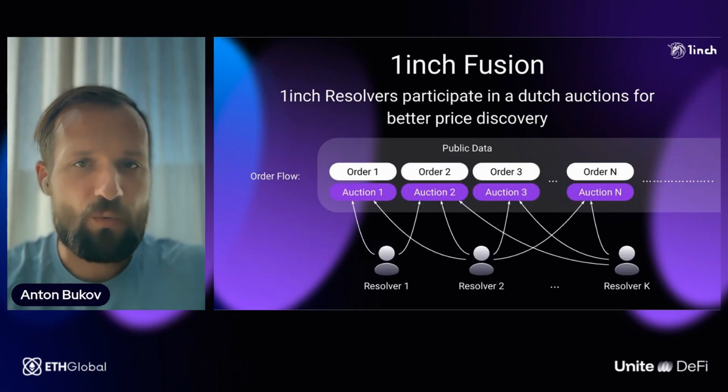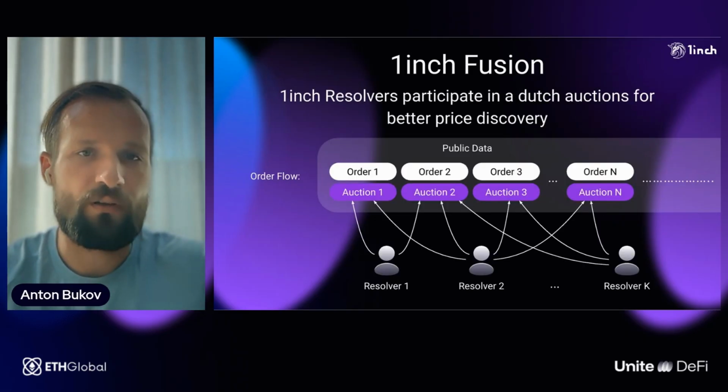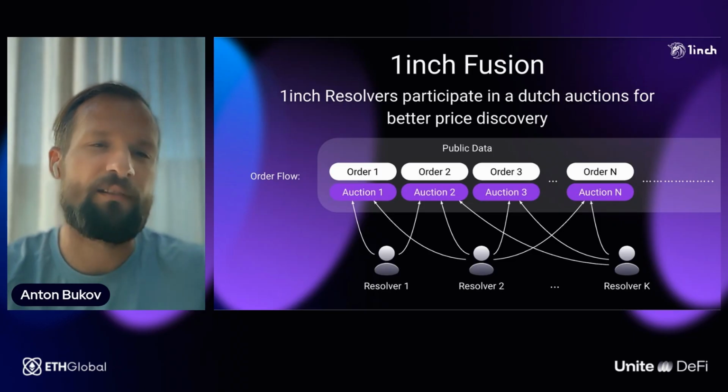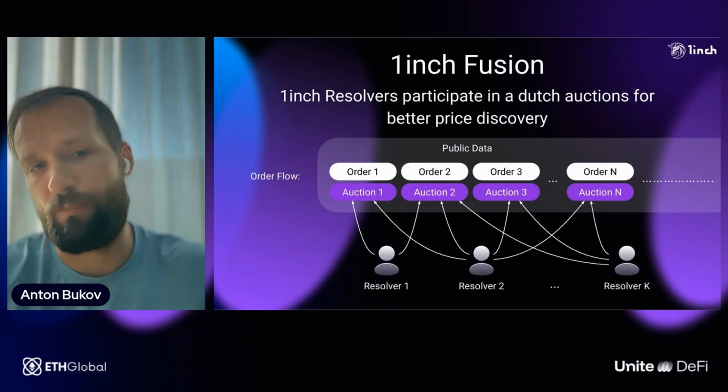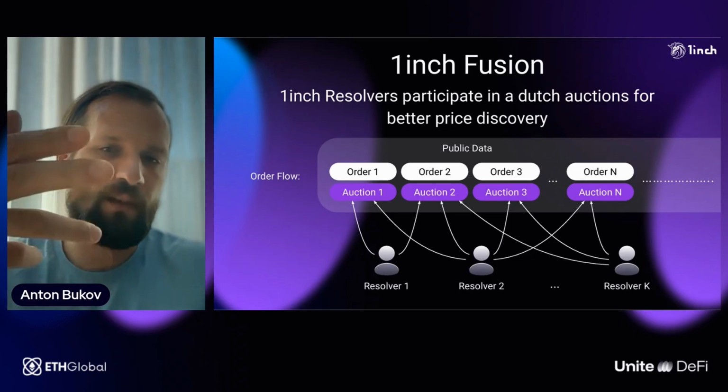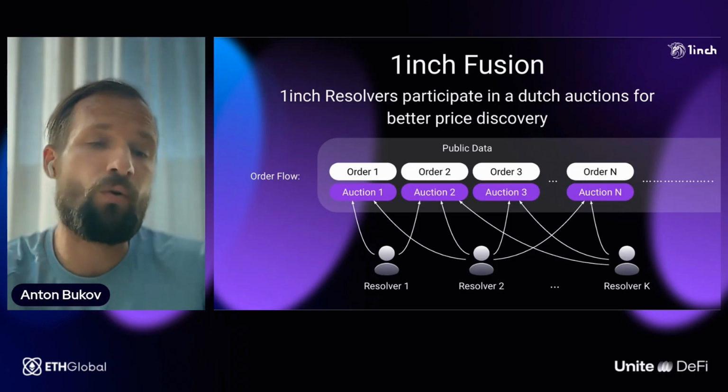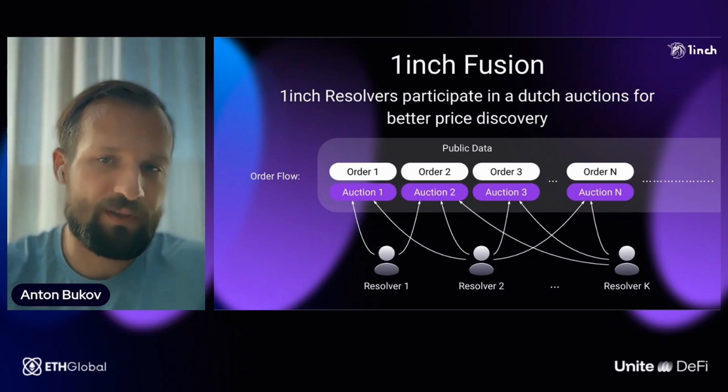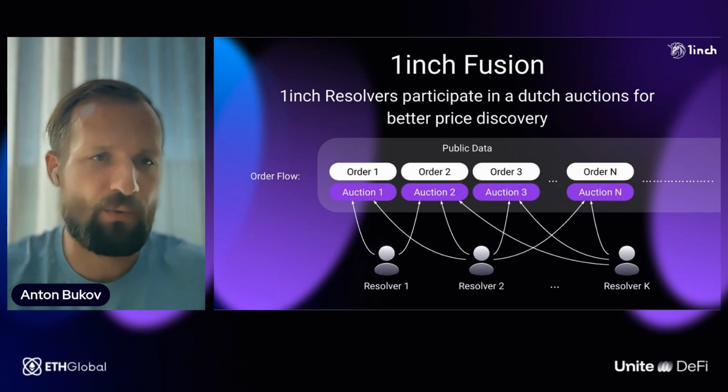That's how it works for Fusion. Actually, Fusion is Dutch auctions on top of limit orders. You can see that each order has its own auction, and resolvers participate in these auctions. Since these are Dutch auctions, they participate passively.